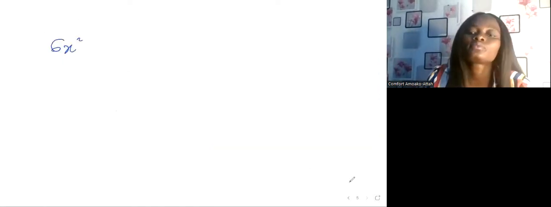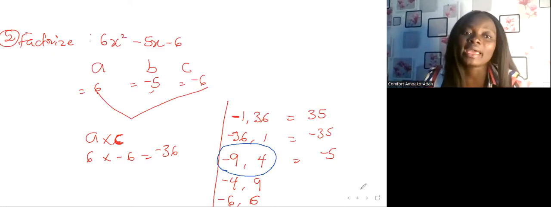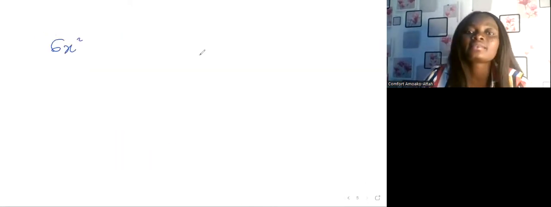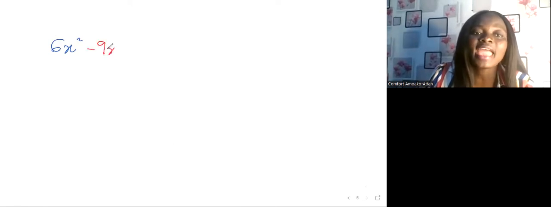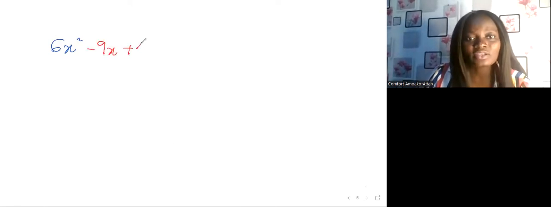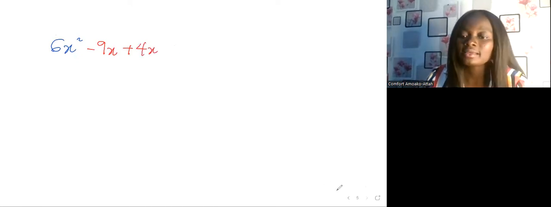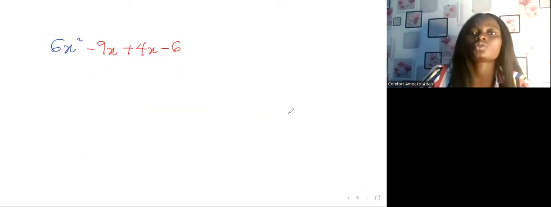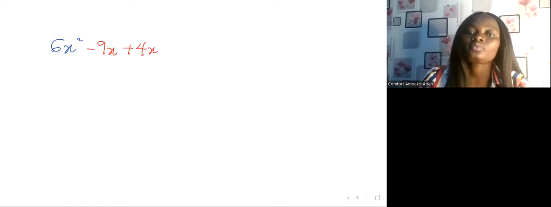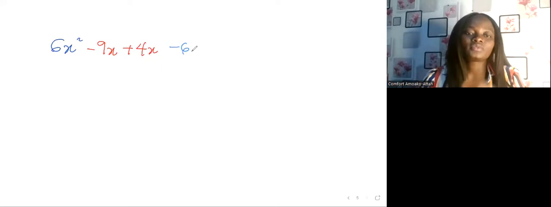So you are getting 6x squared minus 9x plus 4x, then -6. All right, good.